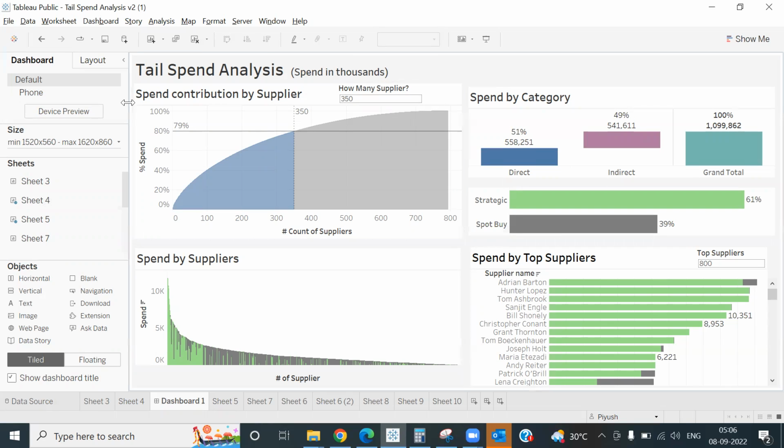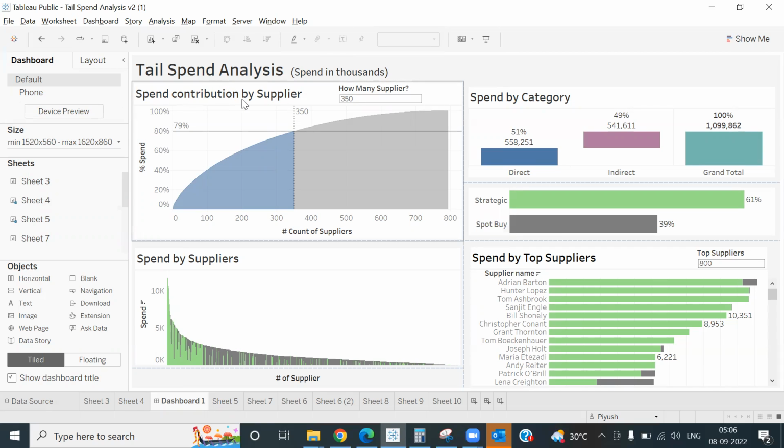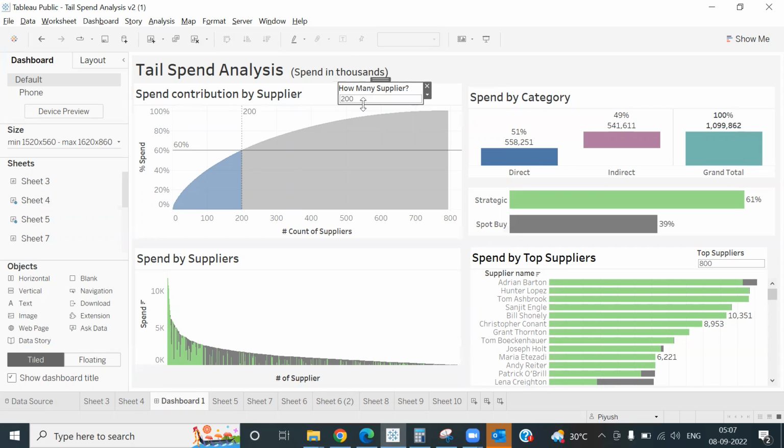Now here, the very first thing that we see is the spend contribution by supplier. We want to know how much our top suppliers are contributing in terms of spend. Let's say I want to see the top 200 suppliers and how much they are contributing. It says they contribute to 60% of the spend.